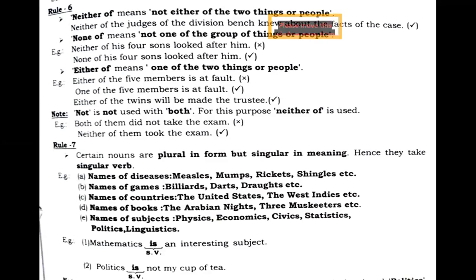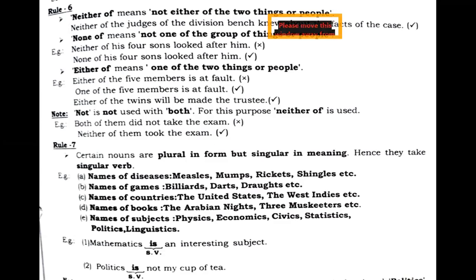Now either of means one of the two things or people. "Either of the five members is at fault" is wrong. If it is out of two, then either is applied. But if it is out of more than two, like a group, then one is used. One of the five members is at fault. If you talk about more than two, there you mention one.